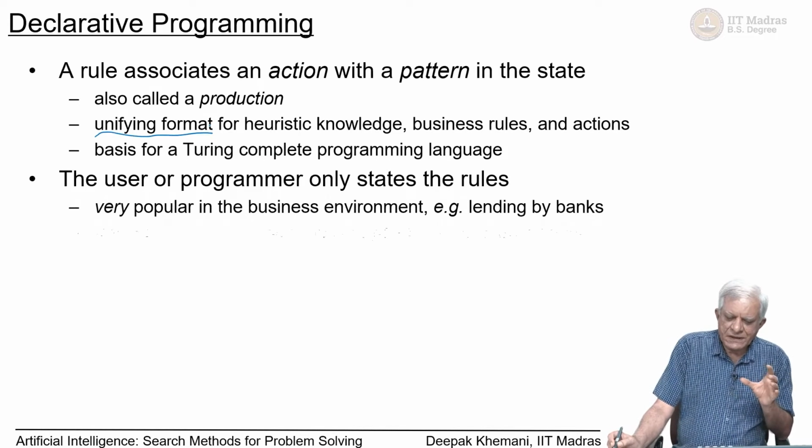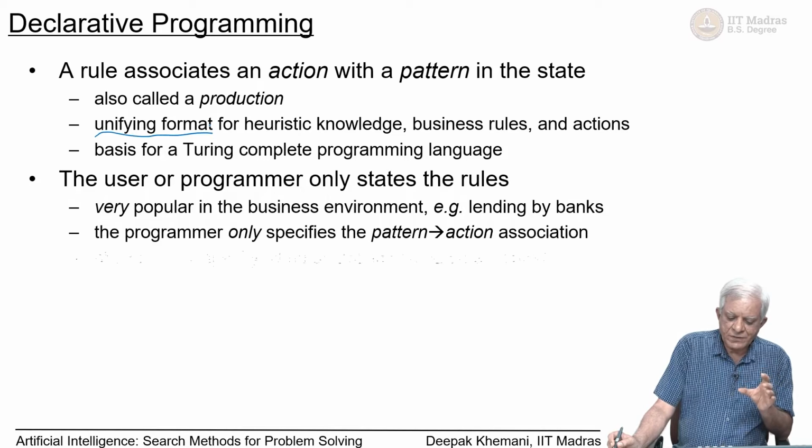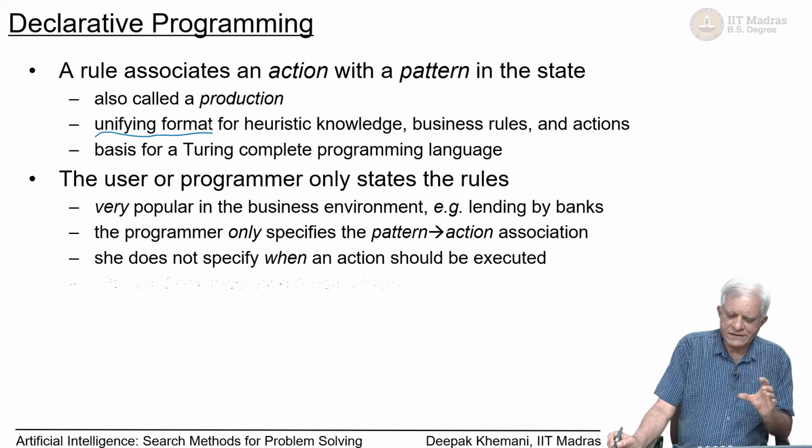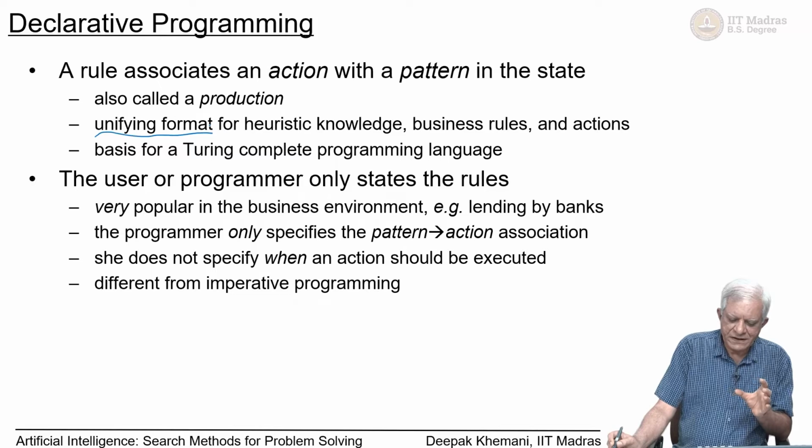The key thing about declarative programming is that the user or the programmer only states the rules. We already said that the rule is a connection between a pattern and an action. It is very popular in business environment. For example, I just said that lending by banks, a bank manager only needs to specify what are the rules under which somebody is eligible for a loan. The programmer only specifies the pattern action association.